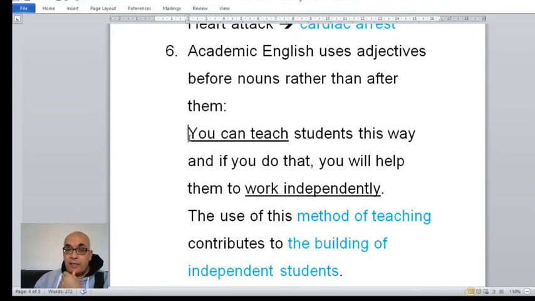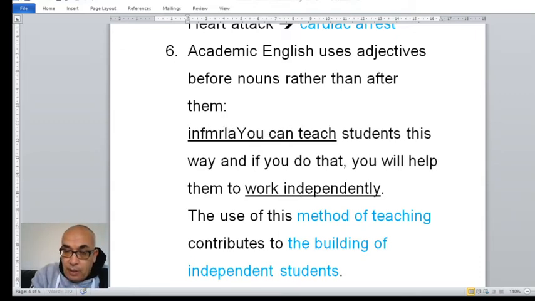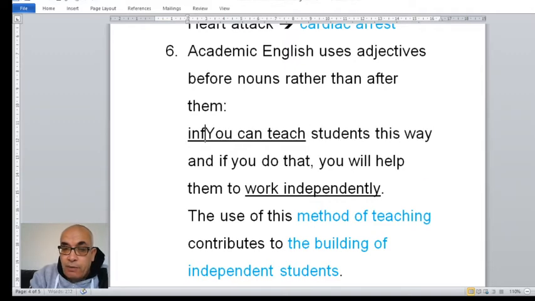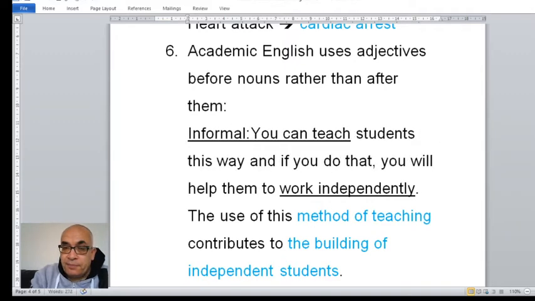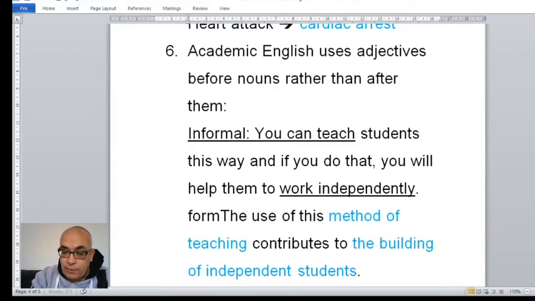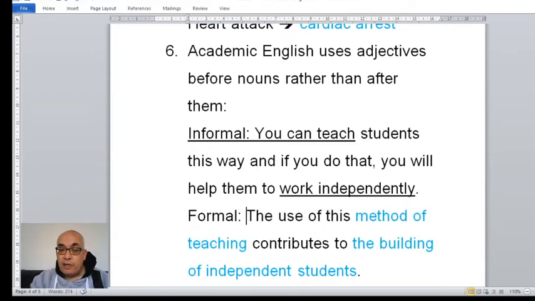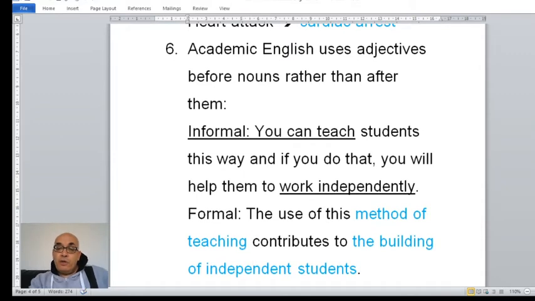So I can say this is informal, and this sentence is formal. Anything in blue is formal English. So you can teach students this way, and if you do that, you will help them to work independently.